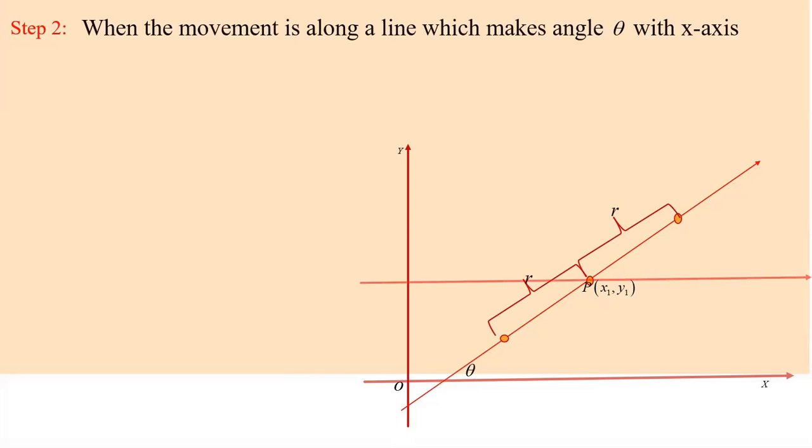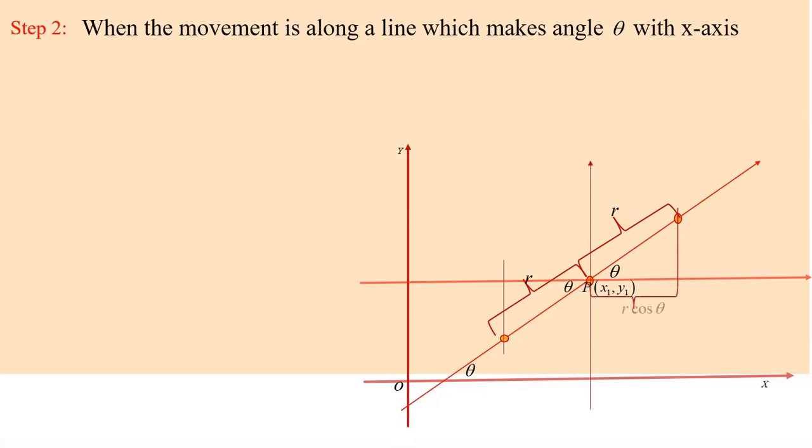Imagine one horizontal line through P and a vertical line through P. Then complete the triangles like this. Observe the angles, vertically opposite angles and alternate angles. According to those angles, you calculate the lengths of the different components.